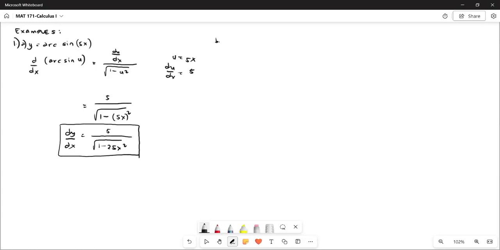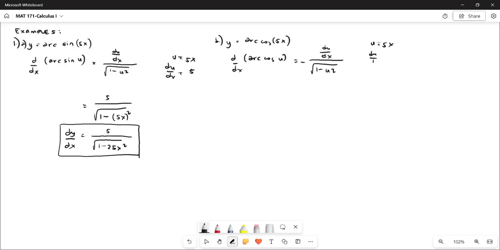For the second problem, letter B, we have y equal to arc cosine of 5x. So, derivative niya is arc cosine u in terms of x is equal to negative lang siya nung derivative ng arcsin u. So, yun ay negative du over dx over square root of 1 minus u squared. Identify the u value sa given function, 5x lang.